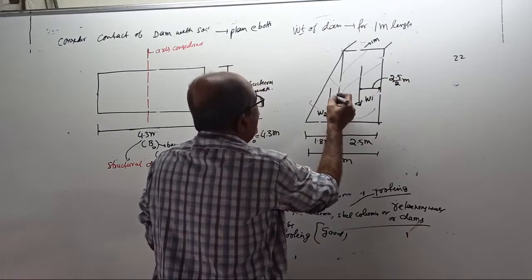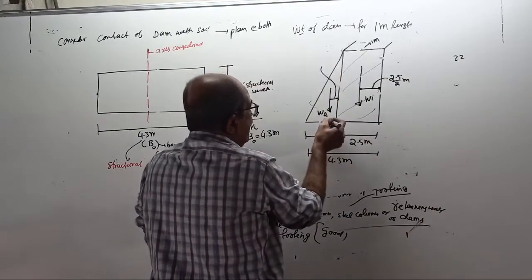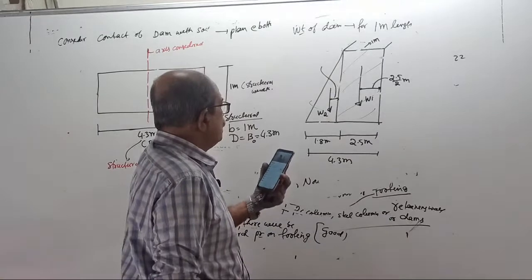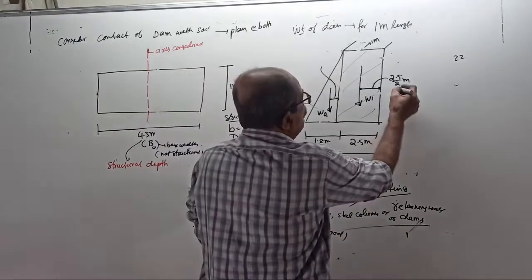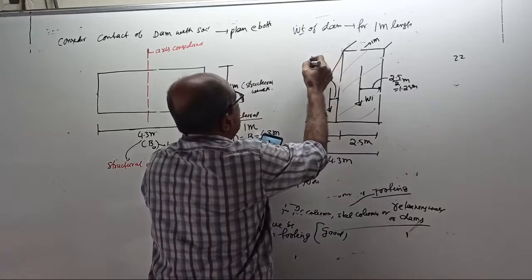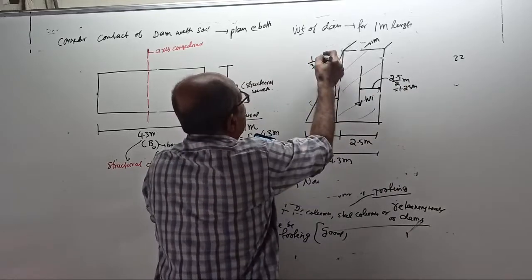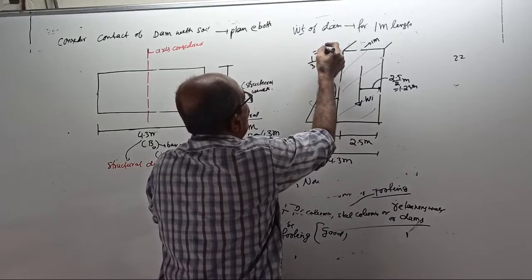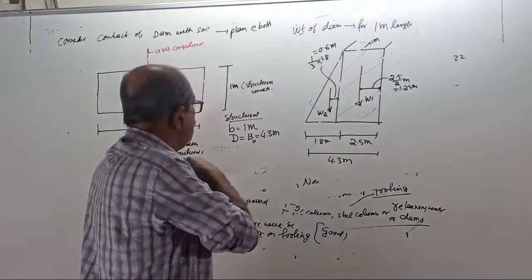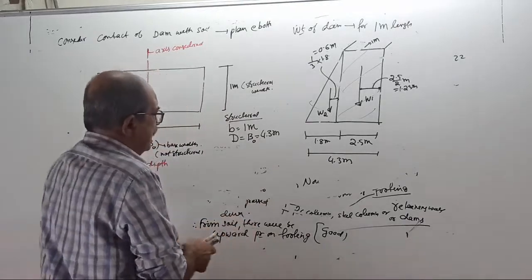Where will W2 act, this distance, 1 by 3 or 2 by 3? It is 1 by 3 of 1.8, equal to 0.6 meter. Fully clear? Now correctly calculate W1 and W2.